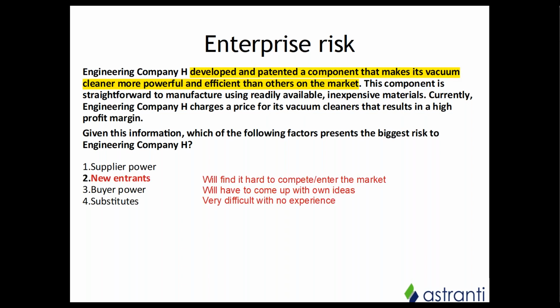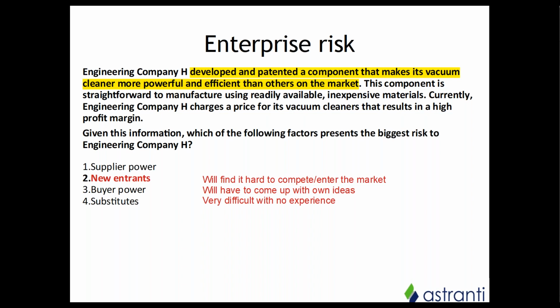So for example, new entrants. Now we see here that the company has developed and patented, so no one else can copy it at this point, a component that makes its vacuum cleaner more powerful and more efficient than others on the market. So essentially they've got a patent that means they've got a product that's superior to others.